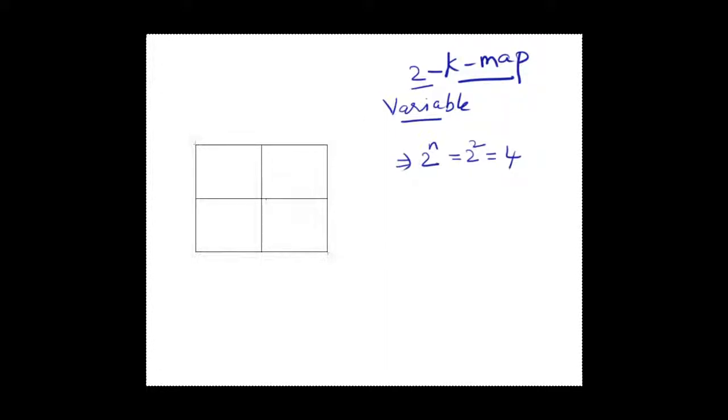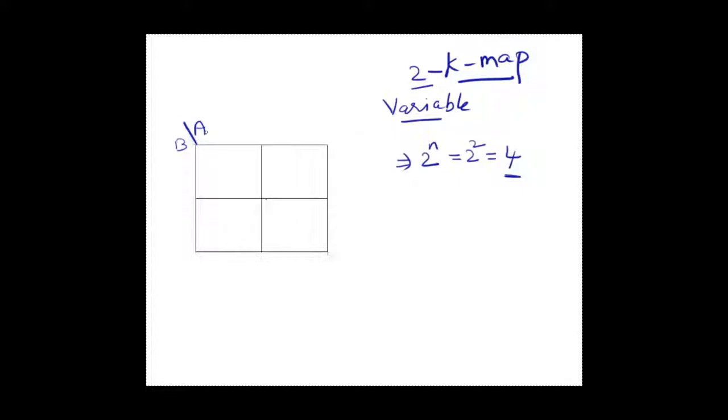So in my 2 variable K-map, the total number of cells will be 4. The 2 variables I can take are A and B. So I considered A to be one variable and B to be one variable. So how to design this K-map?